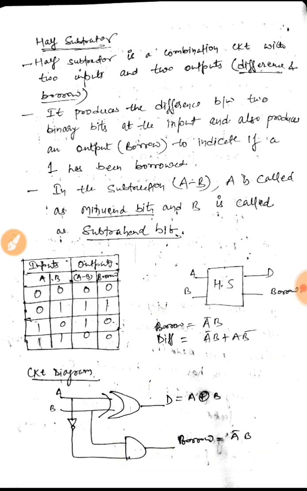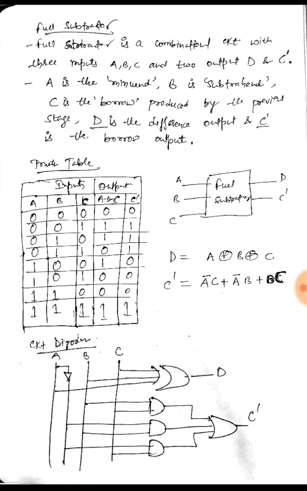A bar B. So now if I have a full subtractor, that is a combinational circuit with 3 inputs A, B, C and outputs difference D and C dash, which is my borrow generated, or C is the borrow from the previous stage. So if I write down the truth table for the full subtractor, in which I have three inputs, that is A and B I mark as digits, and C is the previous borrow.